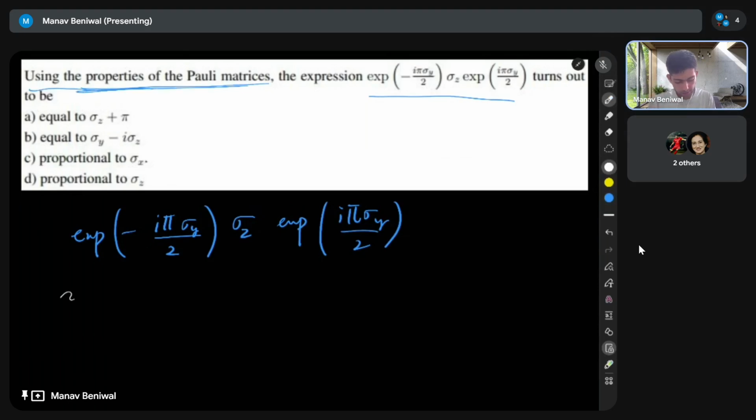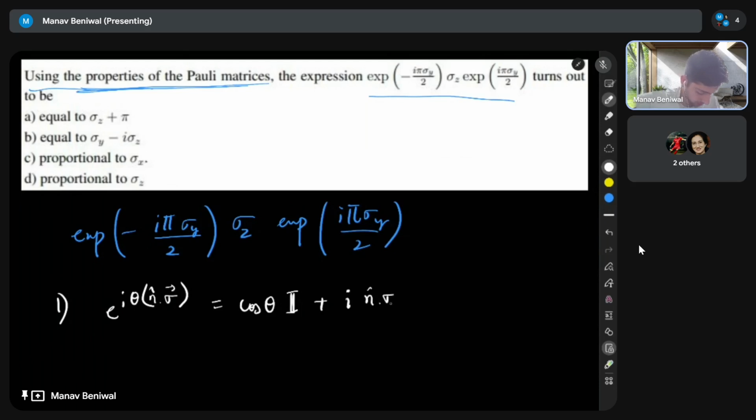So the first property that we are going to use is this identity, that e to the iota theta times any sigma, this can be sigma x, sigma y, sigma z, doesn't matter, gives us cos theta times the identity plus iota, and then again this same sigma x, sigma y, sigma z times sine theta.